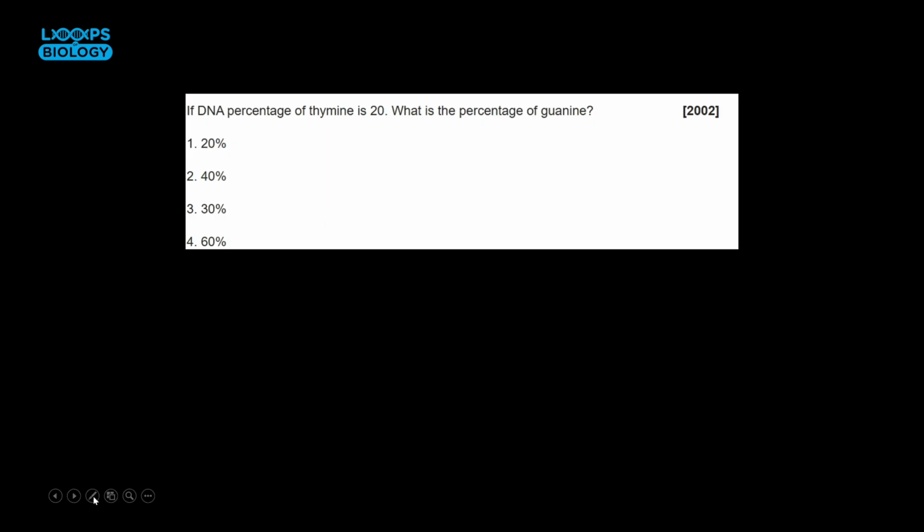If in DNA the percentage of thymine is 20, what is the percentage of guanine? Now thymine is basically bound with adenine. So all thymine has to be bound with adenine. If thymine is 20%, then adenine is again going to be 20%. So out of 100%, 40% is comprised of thymine and adenine, and your cytosine is bound with guanine.